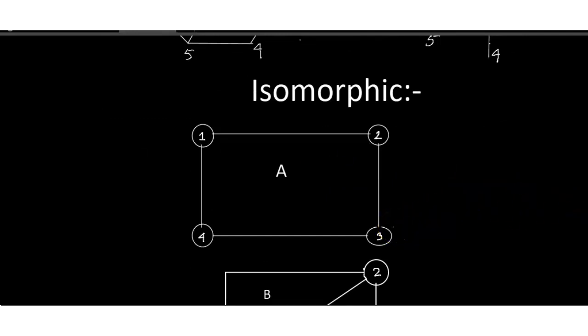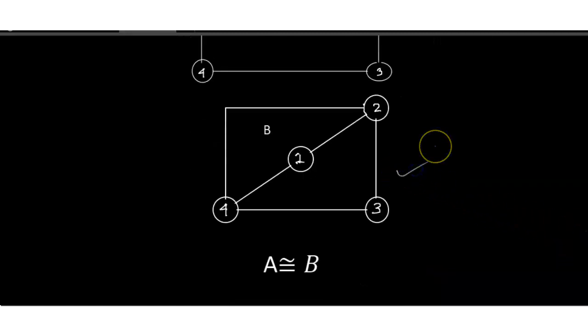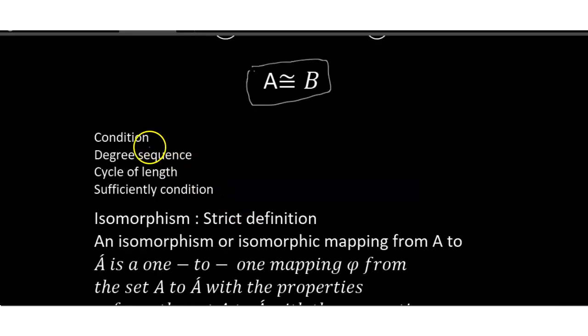Now if you take this kind of figure, and this one, these two figures are also isomorphic to each other. We denote isomorphism by this. Now the conditions are the degree sequence, cycle length, and sufficiency conditions.